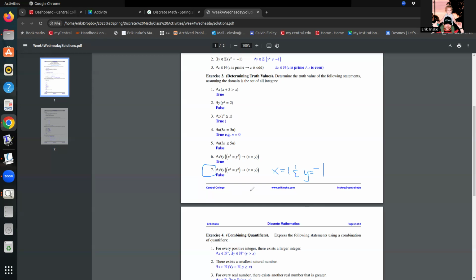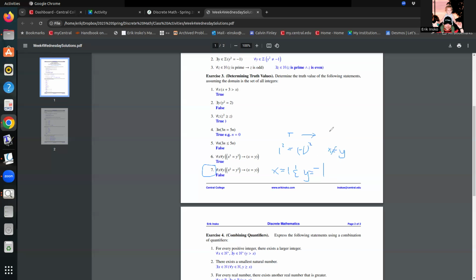It is true that x squared equals y squared, since 1 squared equals -1 squared. But x equals y turns out to be false.